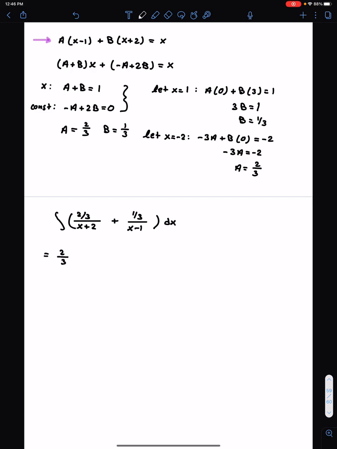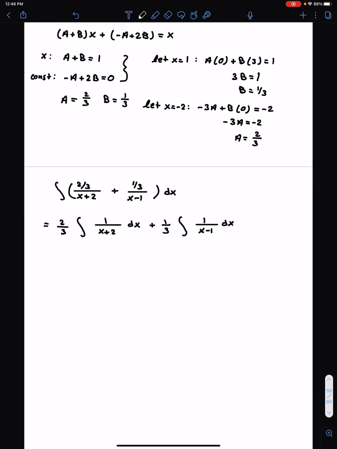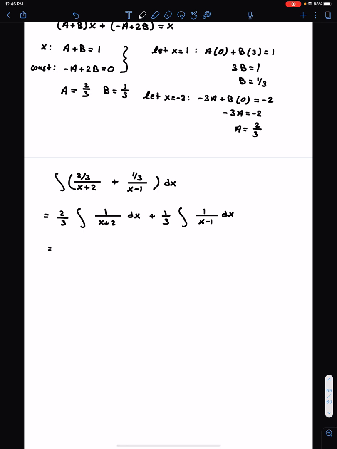So 2/3 times the integral of 1 over x plus 2 dx plus 1/3 times the integral of 1 over x minus 1 dx. So this is 2/3 times natural log absolute value of x plus 2 plus 1/3 natural log of x minus 1 plus c.